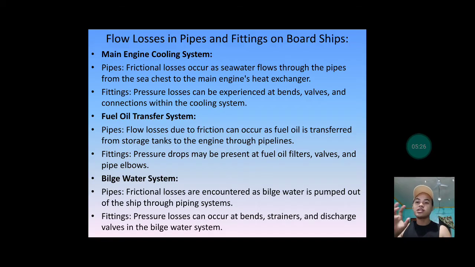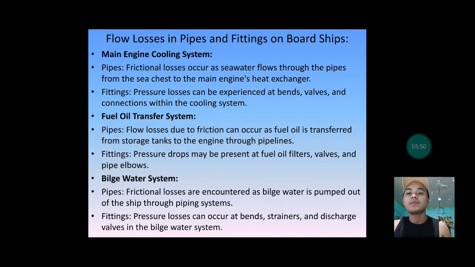In strainers there are flow losses since the sea chest is very big and the pipe is smaller than the sea chest. So it's like going from a small pipe to a bigger sea chest, then from the bigger sea chest to a smaller pipe again. So there will be losses in that.